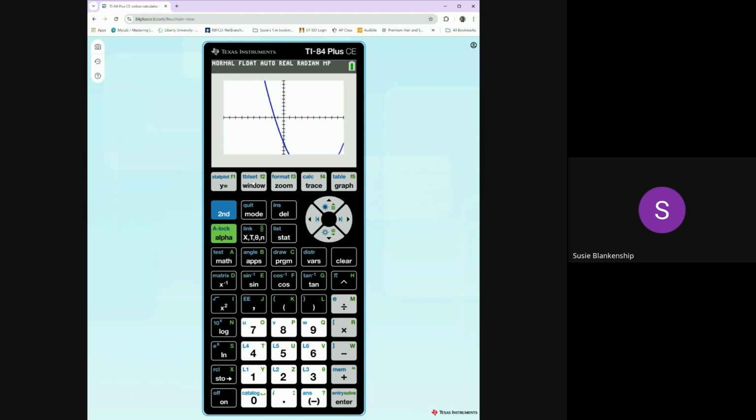So if I go to my window, I'm just going to leave my minimum that way for X. I want a max. So I'm going to try 15 again. And then, like I said, I want more of the minimum. So what if I did a -20, enter, and then I hit graph. Okay, now it shows everything.